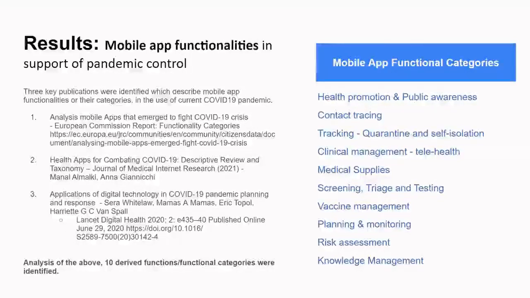Then we tried to pick 10, because we cannot focus on hundreds and hundreds of functionalities. So we selected a set of 10 mobile functionalities which were commonly described by these 3 articles, and these are the 10 functionalities that we focused our research on.